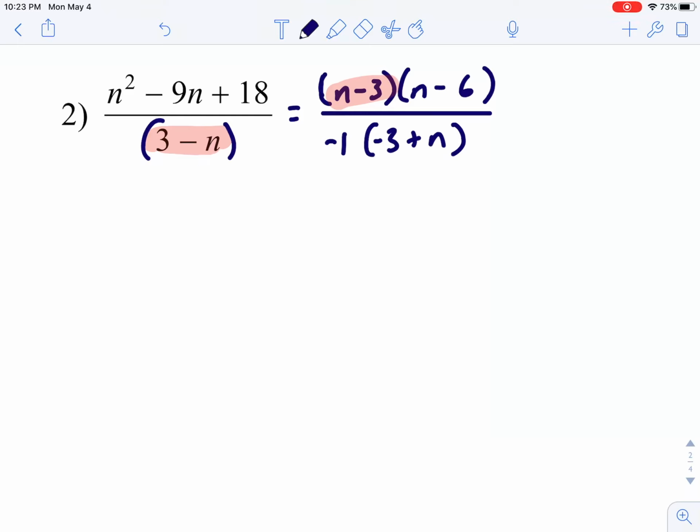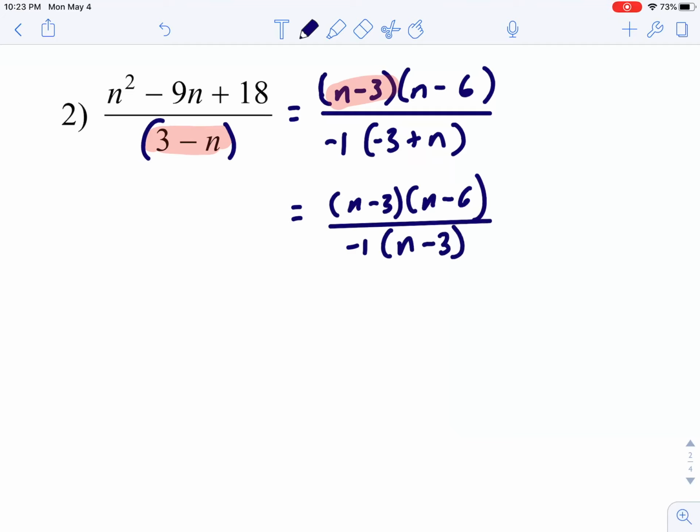So when the factors almost match but aren't the same, they're like switched, you factor a -1 out. Having done that, the top isn't going to change, but the bottom you can rewrite like this. -3 plus n becomes n minus 3.